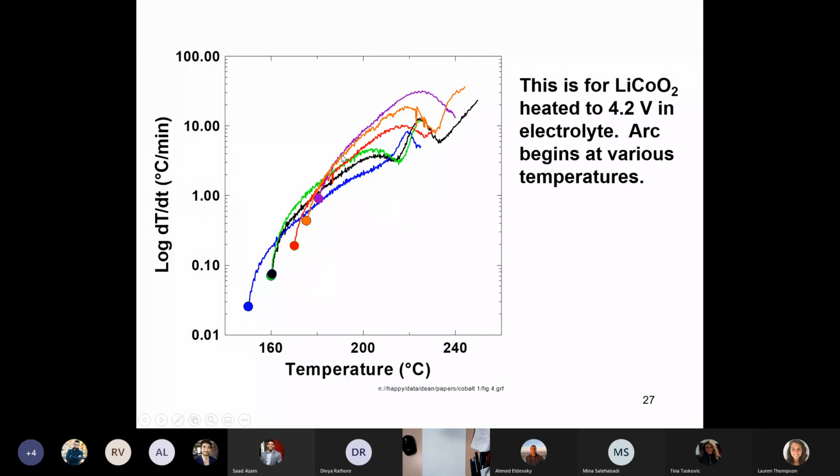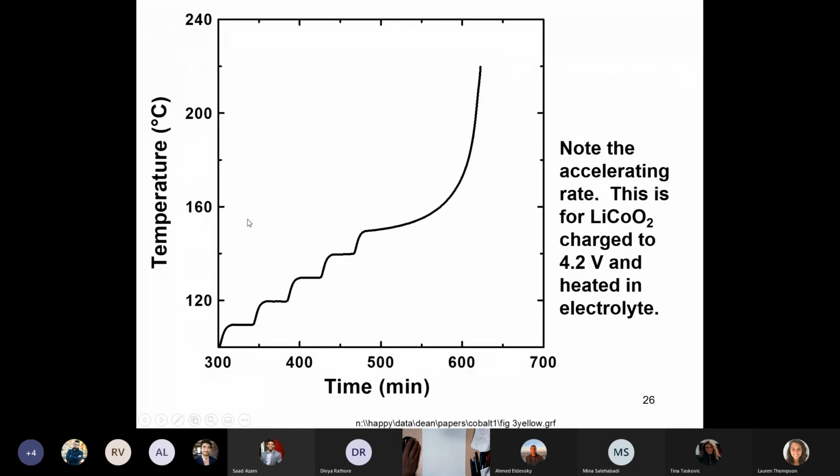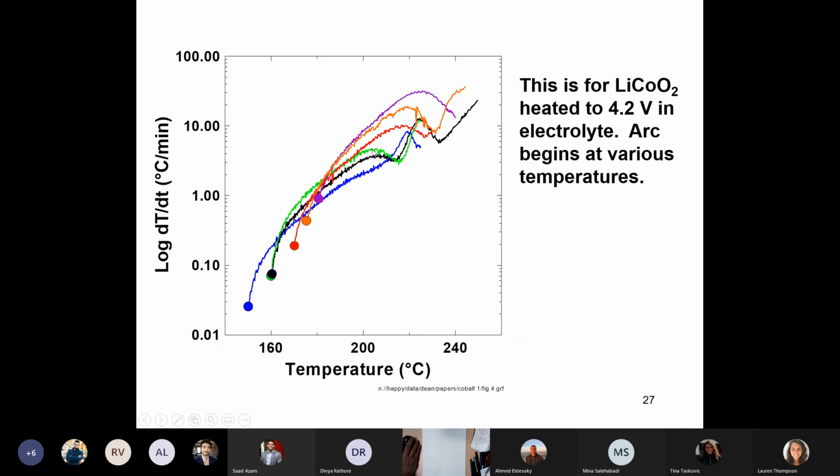So usually what we do is we plot the self-heating rate, which is the rate of change of temperature with time, versus the temperature. Here the rate of change of temperature with time is small at low temperature, and then gets really large at higher temperature. So we plot the logarithm of the self-heating rate versus the temperature.